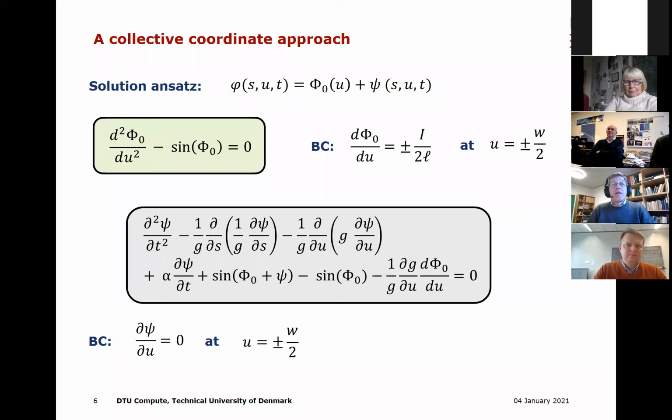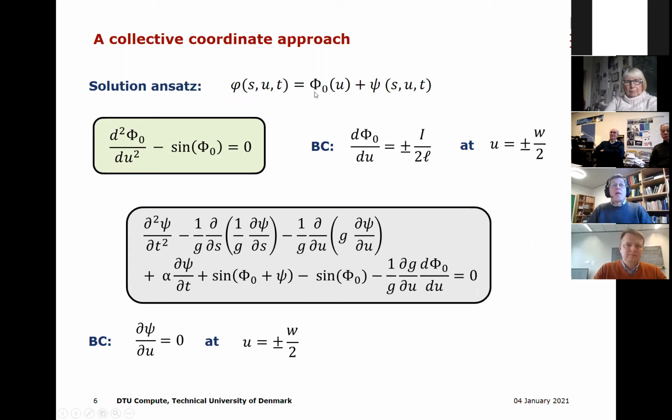And in this case, we are changing the phase phi into two parts: phi naught, which only depends on u, and then psi, which depends both on S and u and also on time t.